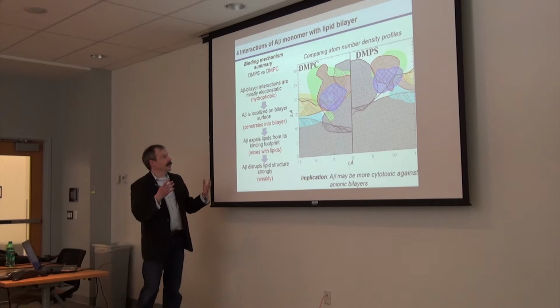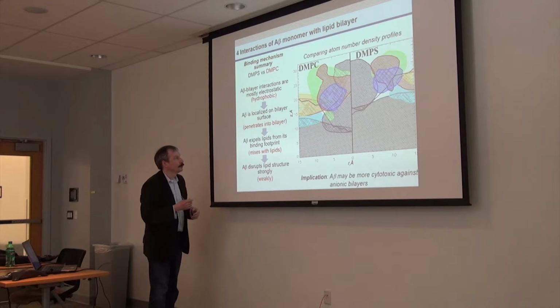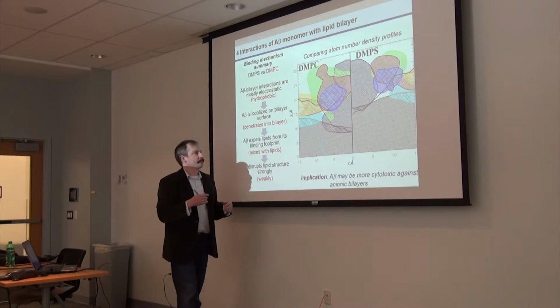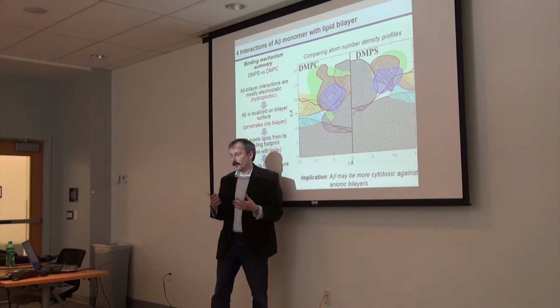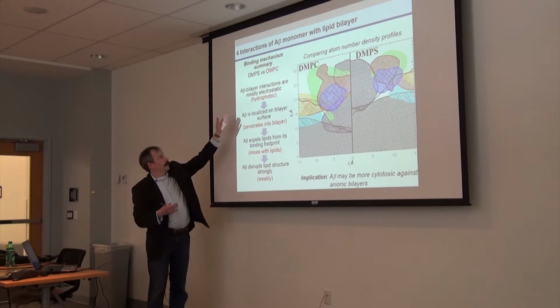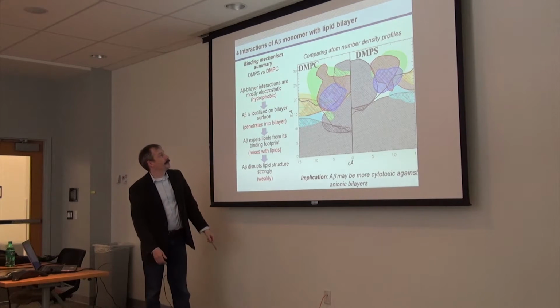Okay, so if we summarize everything together, what type of mechanism can we envision or put forward based on this data? Here you have two bilayers. In black, it's the anionic DMPS bilayer.